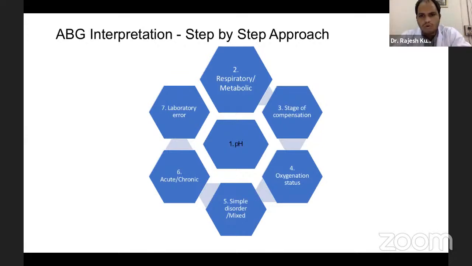Because if you follow that approach, you will not forget or miss anything in your ABG. So first you have to see the pH. pH means is it 7.2, 7.3, 7.4, whatever it is. By seeing the pH, you can say whether it is acidosis or alkalosis.